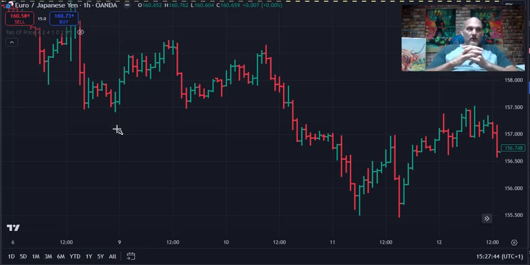There's also an ABC continuation pattern. In other words, you've got a high, a low, and a lower high, then it comes down to that previous low and doesn't break it, but then it breaks through the top. That's a continuation pattern. Let me see if I can find some of these so you can see exactly what I'm saying.